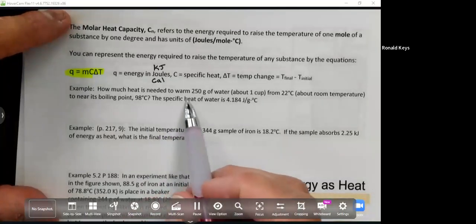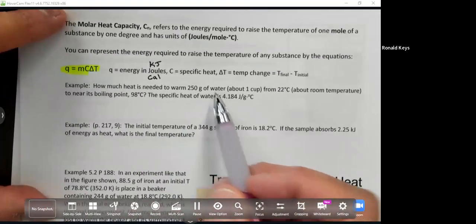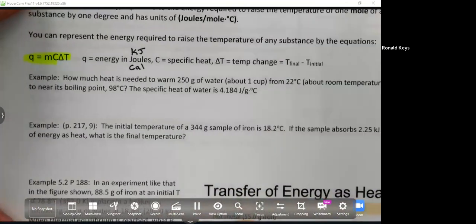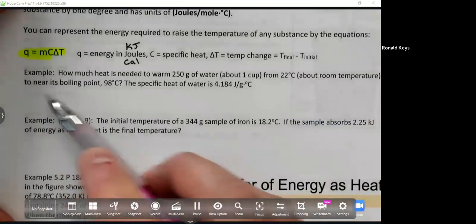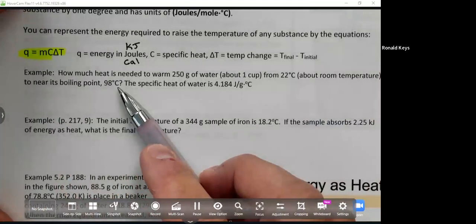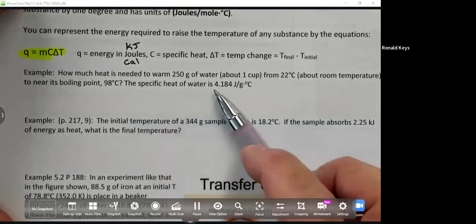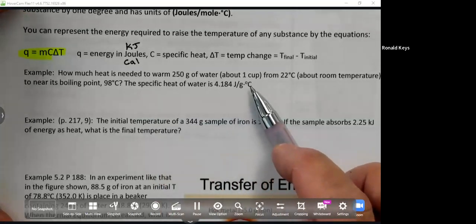So we do a problem like this. How much heat energy is needed to warm 250 grams of water, about 1 cup, from 22 degrees Celsius, which is about room temperature, to near its boiling point to make some spaghetti, 98 degrees Celsius? Specific heat of water is 4.184 joules per gram degree Celsius.